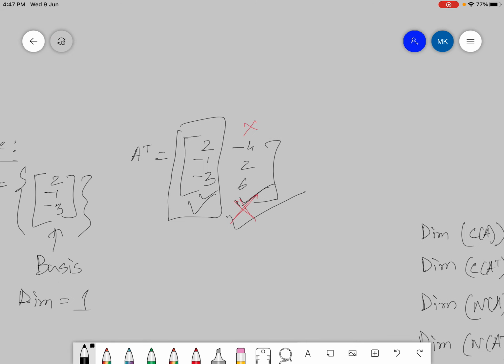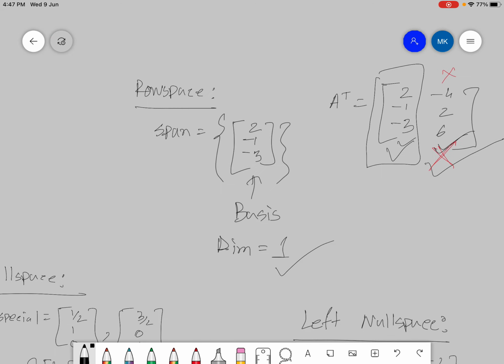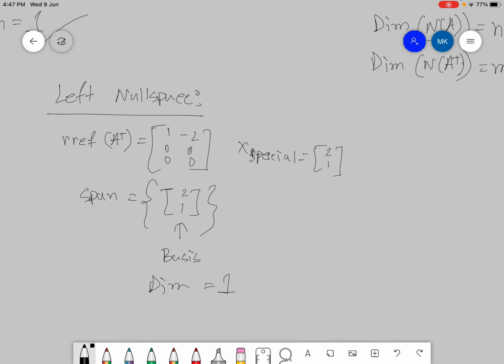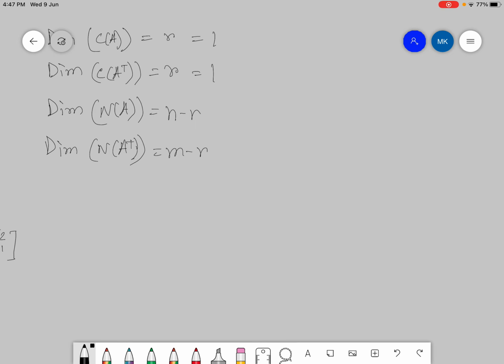Is it true? So the row space has dimension 1 and the column space has dimension 1, and the dimension of the null space should be, how many columns are here? 3 minus 1, this should be 2, and there are 3 columns and 2 rows, so 2 minus 1 should be 1.